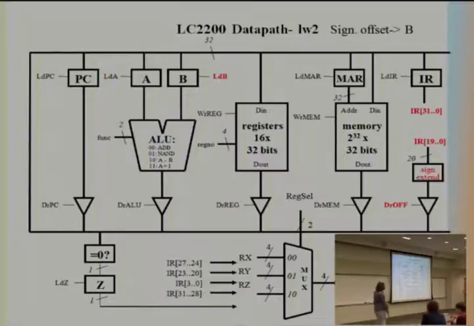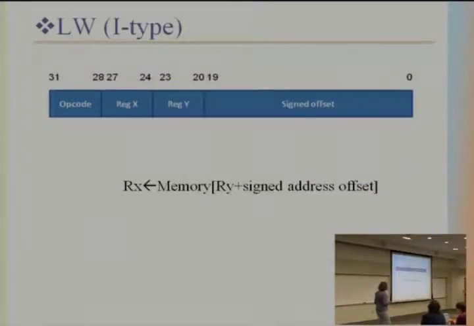states. So now the second step is sign offset to store into B. Well, this is the only difference from here where you are adding 2 registers. Now you want to read the sign offset, which if you look at the instruction code, it says it has bits from 0 to 19.